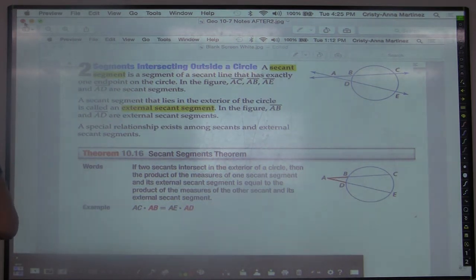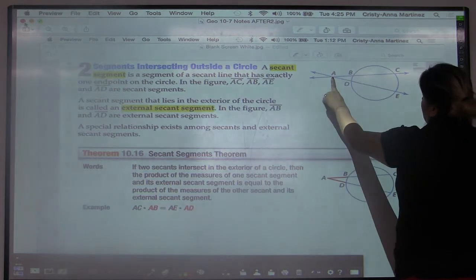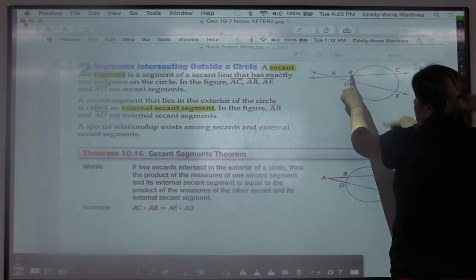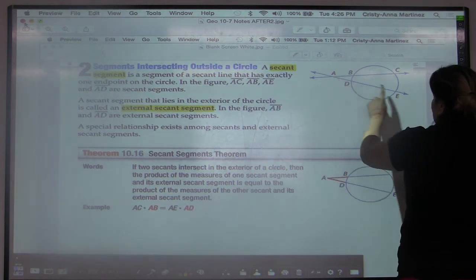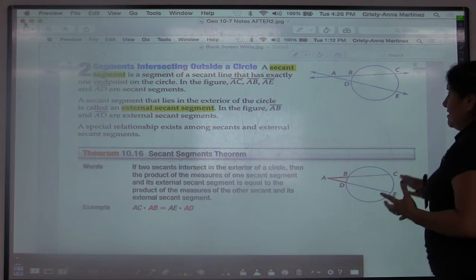And here we have our next theorem, and it's about segments that are intersecting outside of a circle. So a secant segment is a segment of a secant line that has exactly one endpoint on the circle. So in this figure, segment AC, segment AB, and segment AE and AD are what we call secant segments.